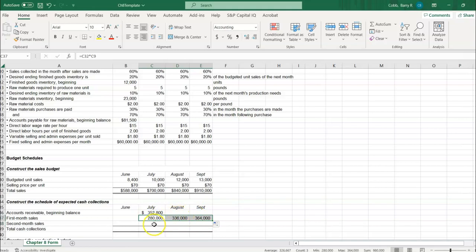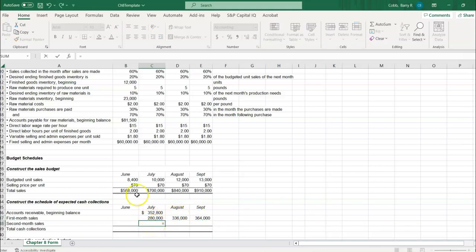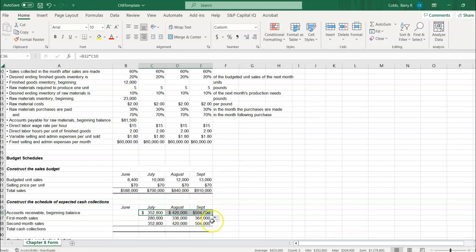And then the second month's sales would be the prior month times 60%, because 60% are collected in the month after sale. This amount will be the same as what would have been in the beginning accounts receivable. We can copy that. We can also copy across the beginning accounts receivable balance.